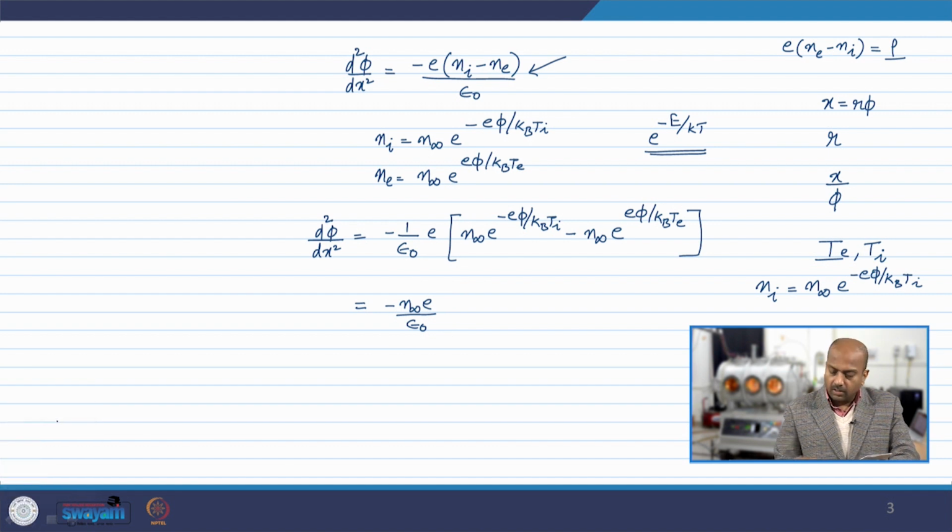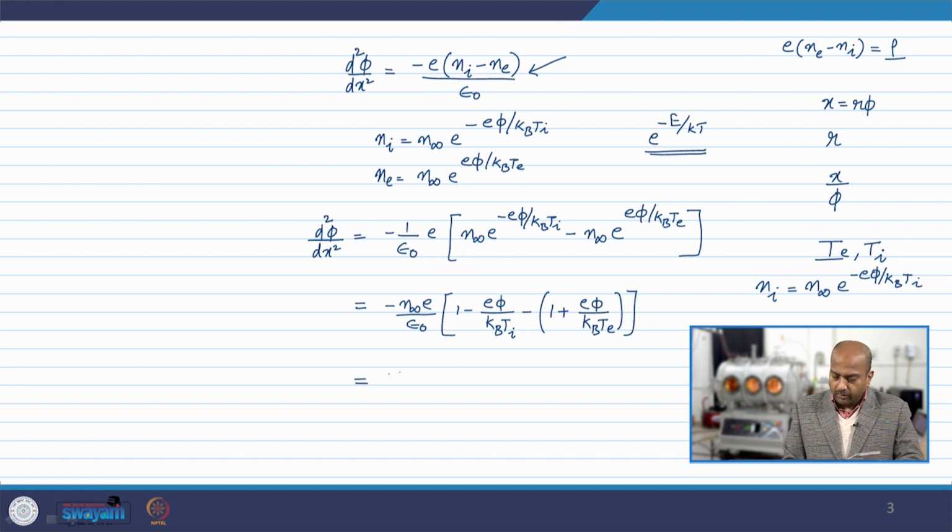When we expand the exponential in the Taylor series, we can write it as 1 minus E phi by kb Ti minus 1 plus E phi by kb Te, which will be minus n infinity E by epsilon naught times 1 minus E phi by kb Ti minus 1 minus E phi by kb Te.